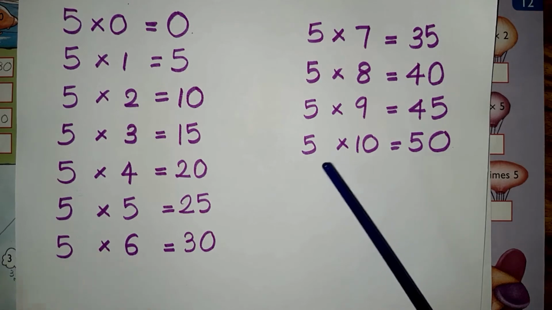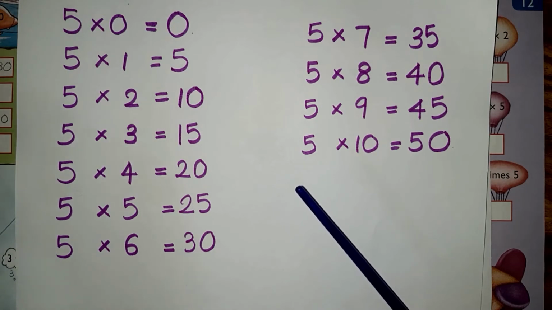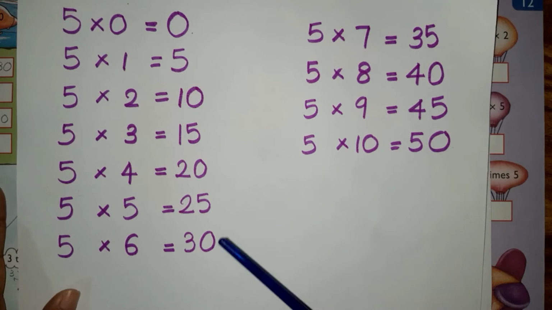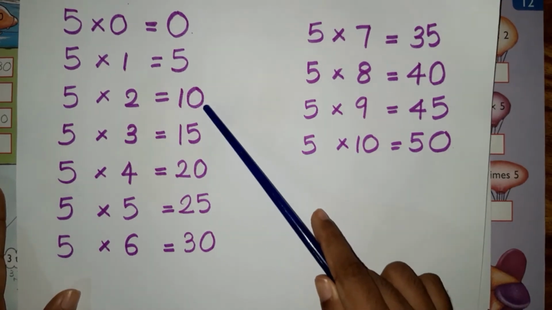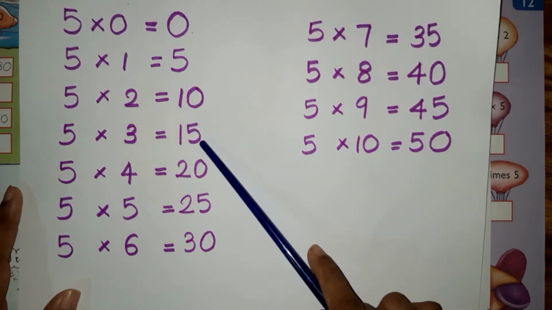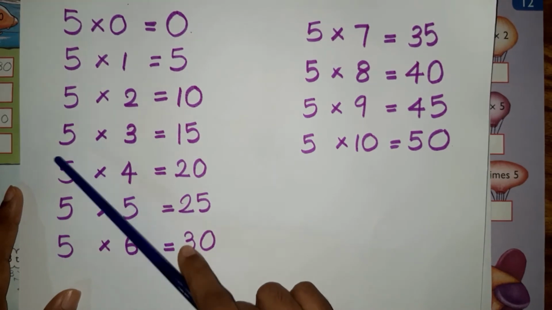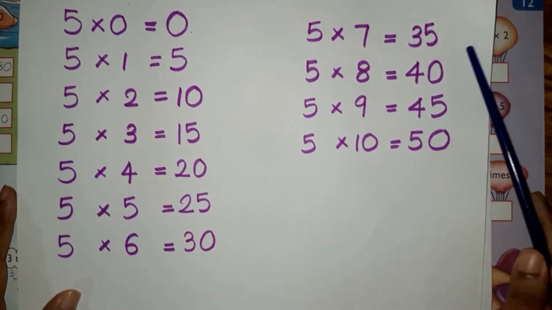If you can remember the thing that I have said in the Carroll diagrams in our previous textbook, we have discussed there the multiples of 5. So there I told you that if the number has 0 or 5 at the end, then that number is a multiple of 5. Okay, so you have to keep it on your mind.